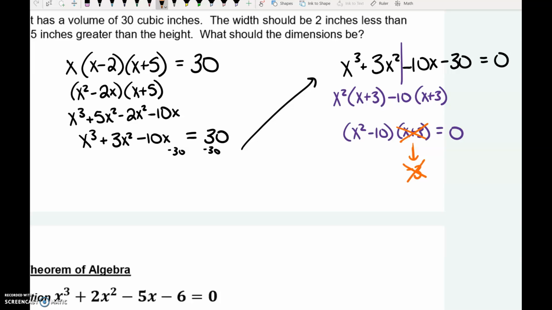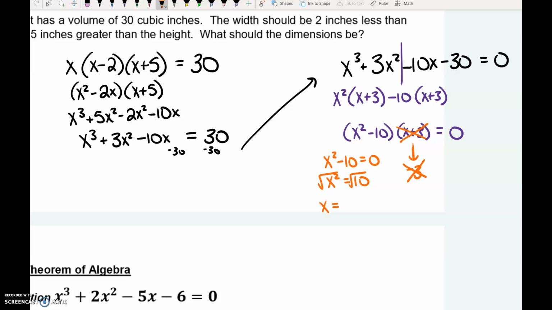X squared minus 10, you might think we could factor this more, but 10 isn't a perfect square. So we do x squared minus 10 equals 0, add 10 to both sides, and square root it. X equals the positive or negative square root of 10. Well, for a real world situation, are we going to be looking at the negative square root of 10?